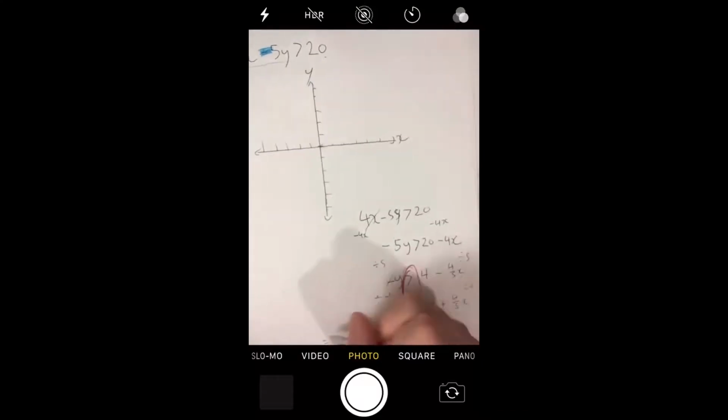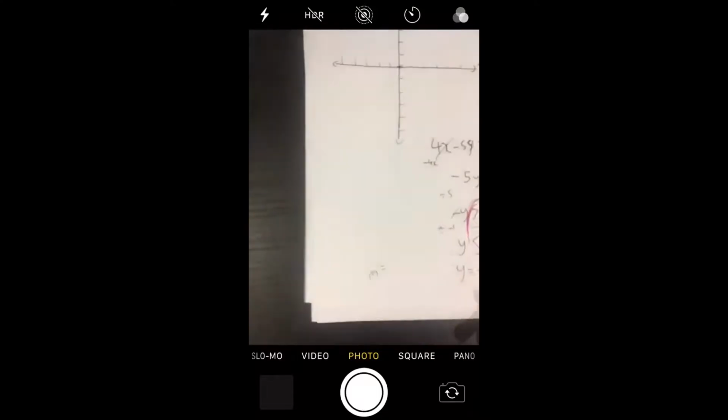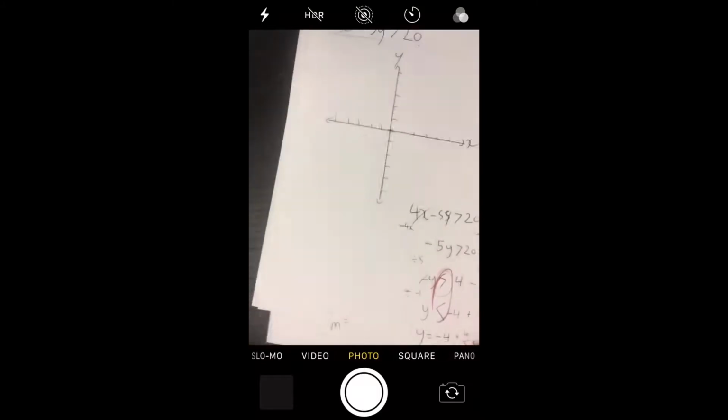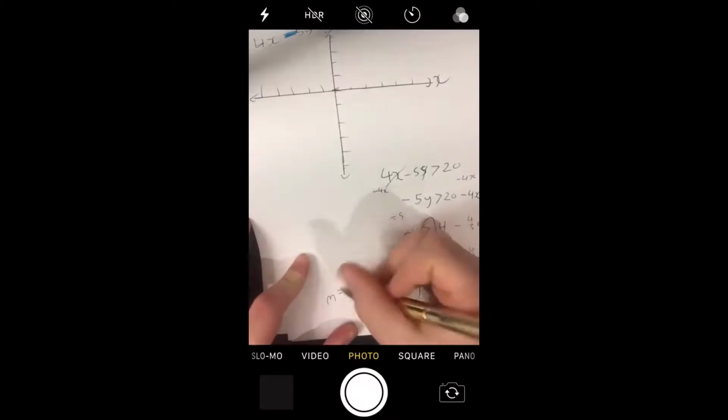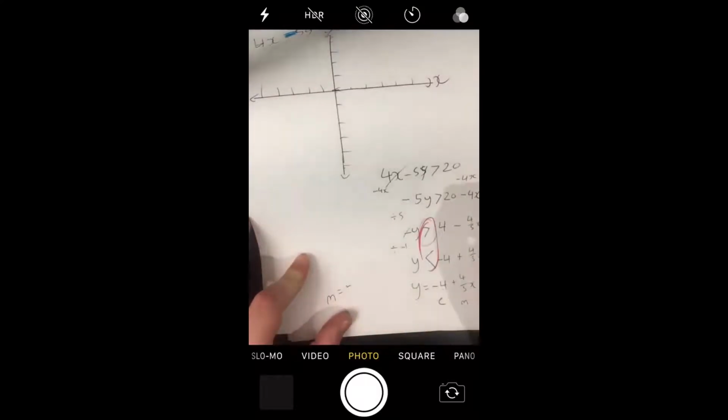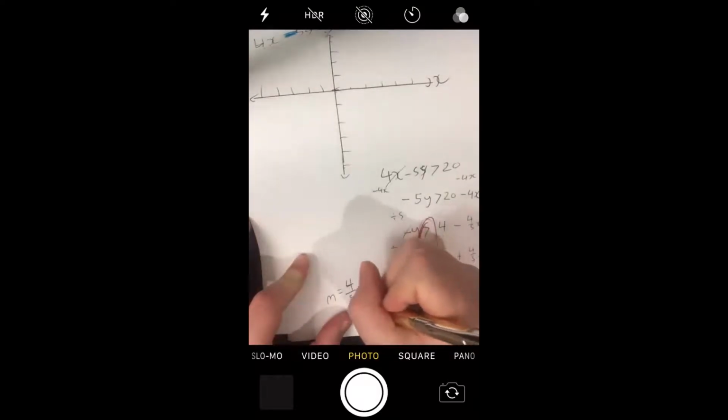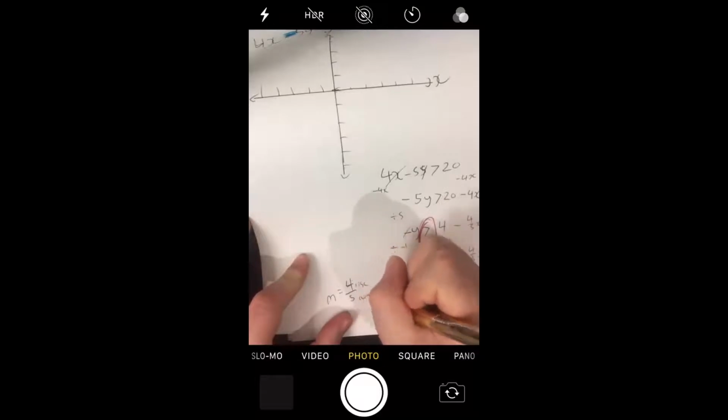Can you guys see that? No, you guys can't see it all the way down the bottom, sorry. I've got m equals 4 over 5, which is going to be a rise of 4, a run of 5.